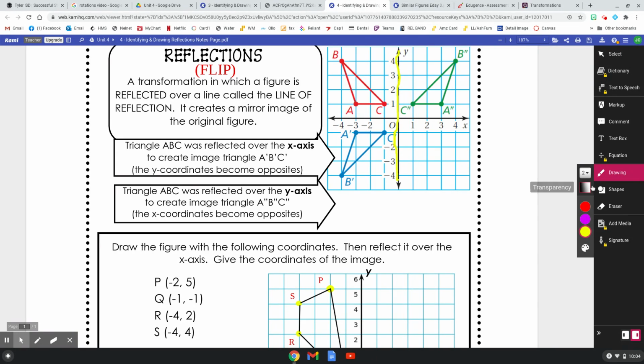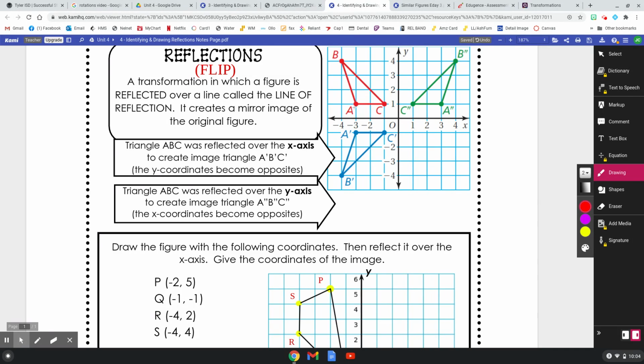So not a very good line there, but you see what I'm talking about. So that's our y-axis. If we want to reflect over our y-axis, it's pretty simple. This is already drawn, so it's kind of giving you a heads up on how this works, but I'm going to show you how we do this.